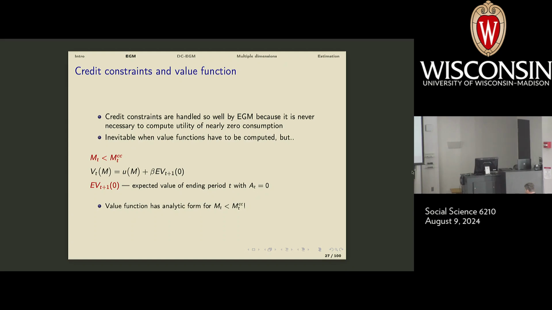Well, not necessarily zero wealth here if you have income, but it's a continuation value of zero savings. And this is a constant. So again, it appears that the value function has an analytical form in this credit constraint region, which is super handy. For the following reason.